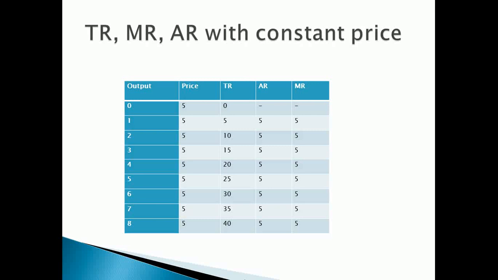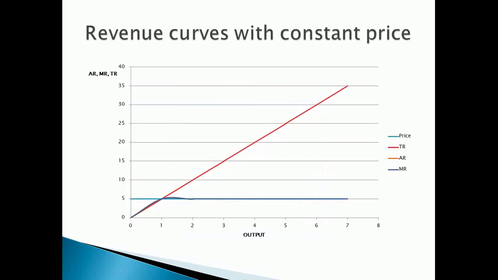So profit will be maximized when total revenue exceeds total cost by the greatest amount, which is also visible on the table that you are seeing right now. At output 4 is also the point at which the difference between total revenue and total cost is highest.